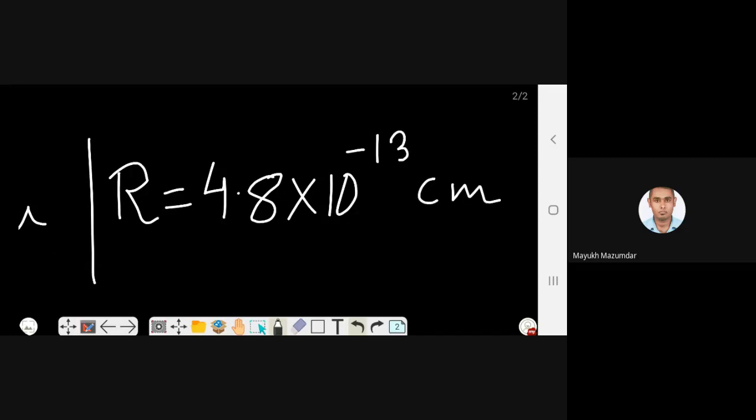They have asked to find the radius of magnesium 27. First of all, you need not change the unit, as it's in centimeter for both. There was another part to this question, but this part is according to your syllabus.